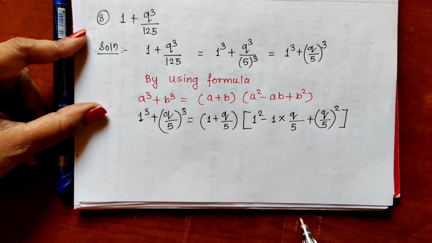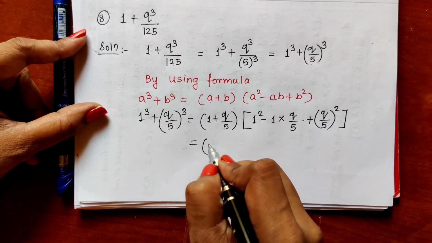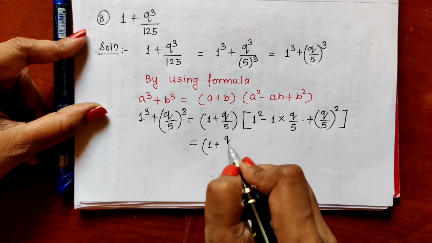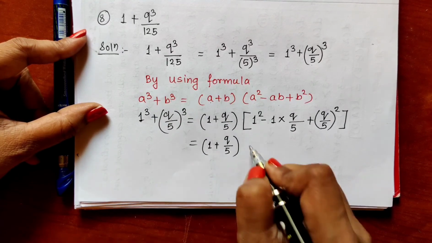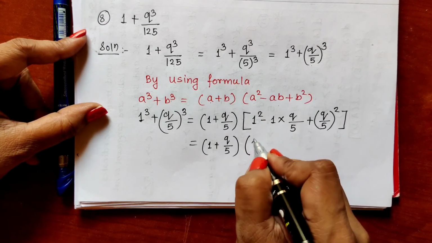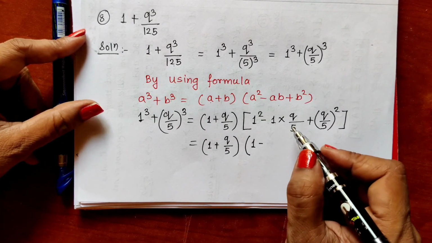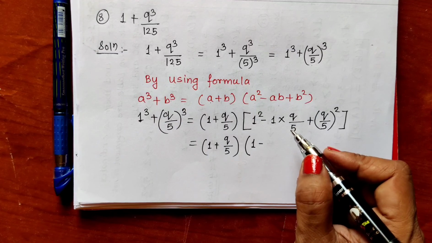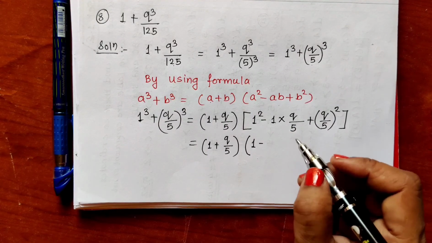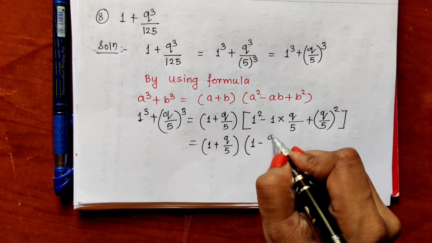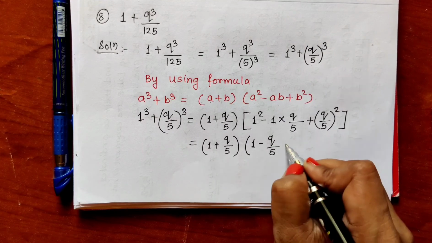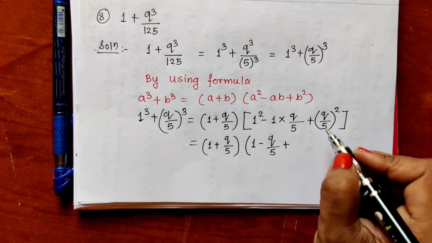Complete the bracket. So 1 plus q upon 5 we can write as it is. Next bracket, 1 square is 1 minus 1 into q upon 5. 1 into any number, 1 into 5 is 5, 1 into 10 is 10, 1 into q will be q. So 1 into q upon 5 will be q upon 5 plus q upon 5 whole square.